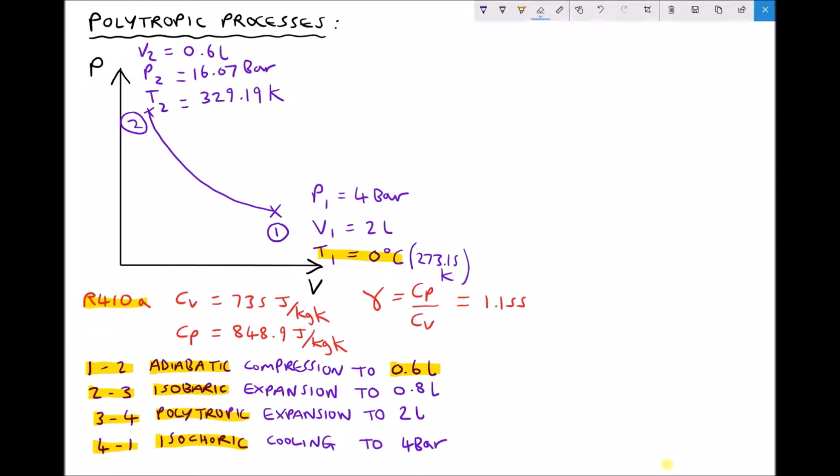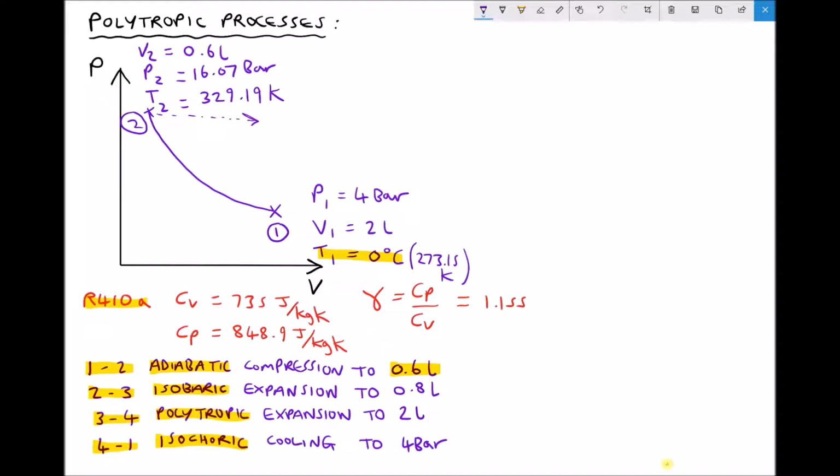Okay, so as we move from 2 to 3, we have an isobaric expansion. Now when something expands, its volume increases, but if it's an isobaric process, then its pressure is going to remain the same. So on our PV diagram, we have a pressure that remains unchanged. Well, if the pressure remains unchanged, we must be moving in this direction on our diagram, like so.